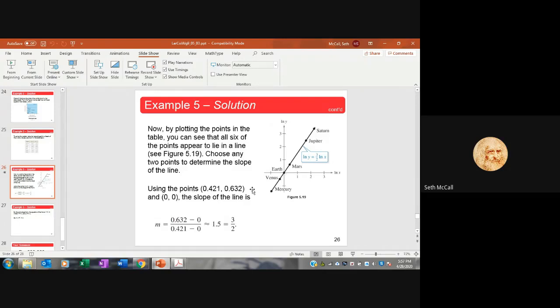And to find the slope, we need two ordered pairs on this line. And they said use the points 0.421, comma 0.632, and then 0, 0. And when I take y2 minus y1 over x2 minus x1, I end up with approximately 1.5 or 3 halves. So this line's slope is 1.5.